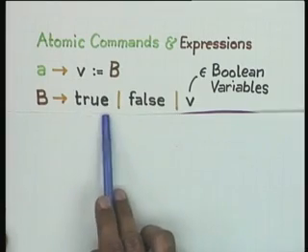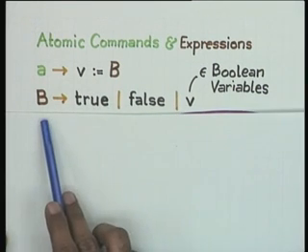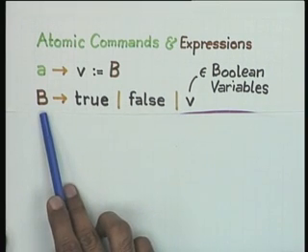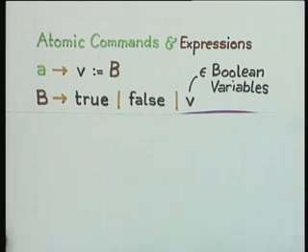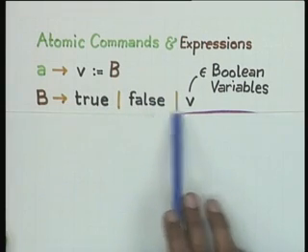The terminal true is a Boolean expression, the terminal false is a Boolean expression. Any Boolean variable is a Boolean expression. So, if you take the language of Boolean expressions alone as a separate entity, these are the terminal symbols of the language.